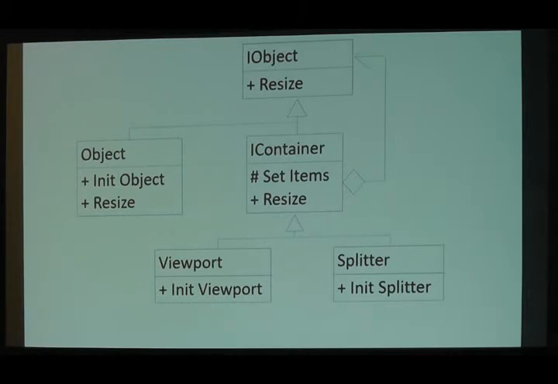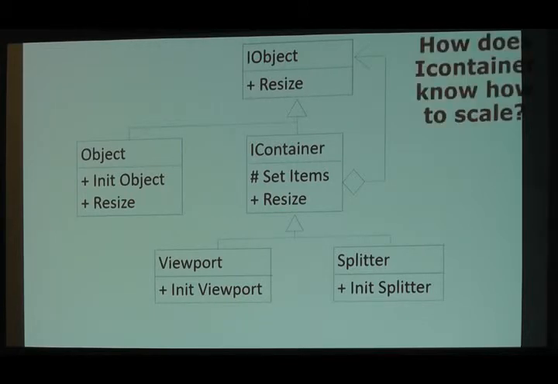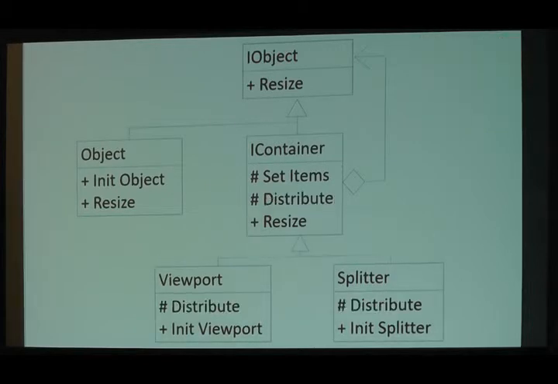And then the parent has a set items, so the viewport can set the items in its parent, and let the container do all the things that it should do. Of course, the container does need to know how to scale because that's different for the viewport and the splitter. So we had a method for that and implemented it in both the viewport and the splitter. And that's how you get to the usable code.